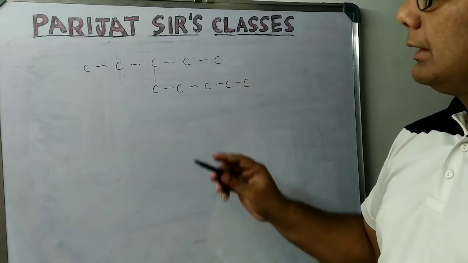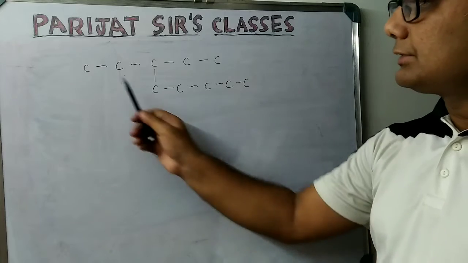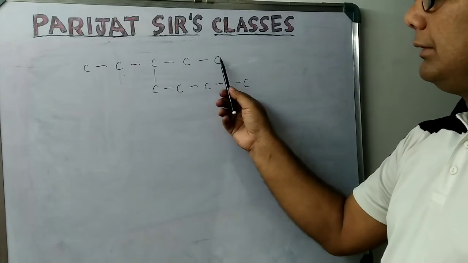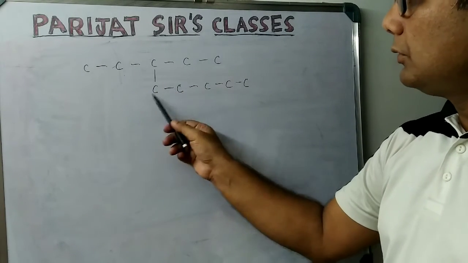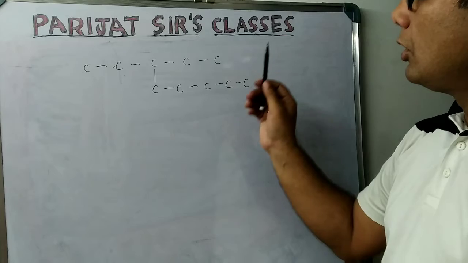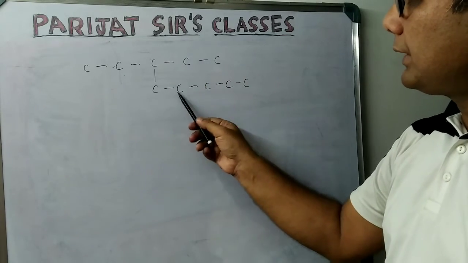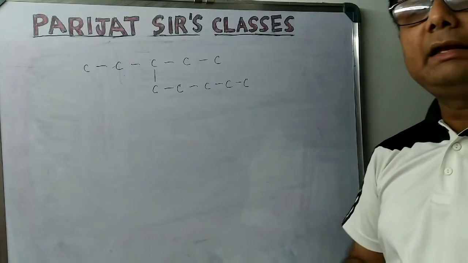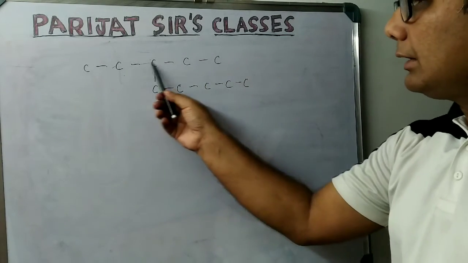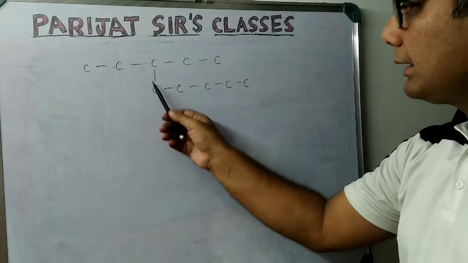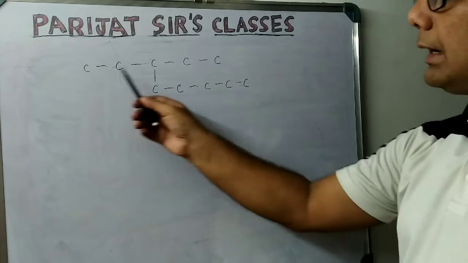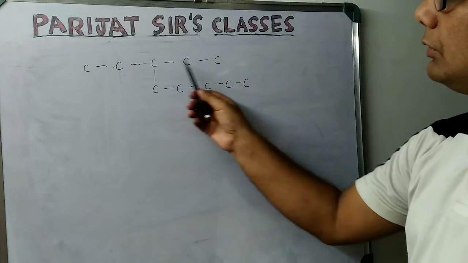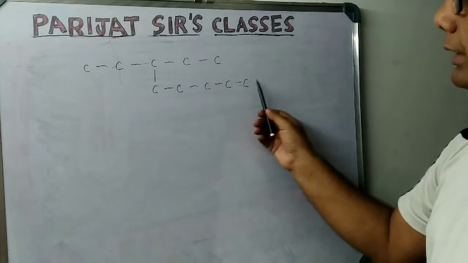First of all, see which one is the longest chain. 1, 2, 3, 4, 5. Or 1, 2, 3, 4, 5, 6, 7, 8. Or 1, 2, 3, 4, 5, 6, 7, 8. That means 8 is the longest chain. So either I can go like this or like this, but I can never choose this because it gives you 5 and this gives you 8.